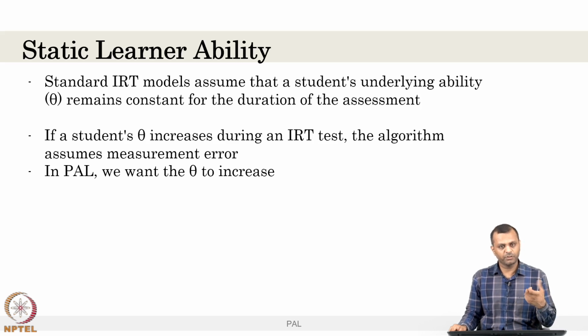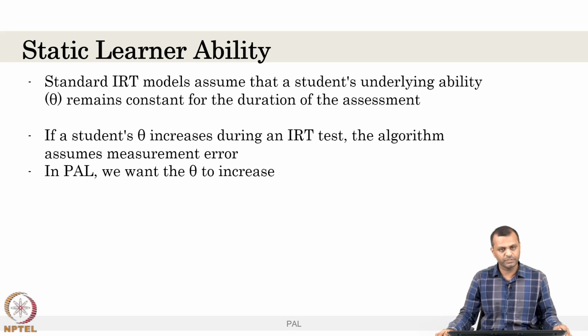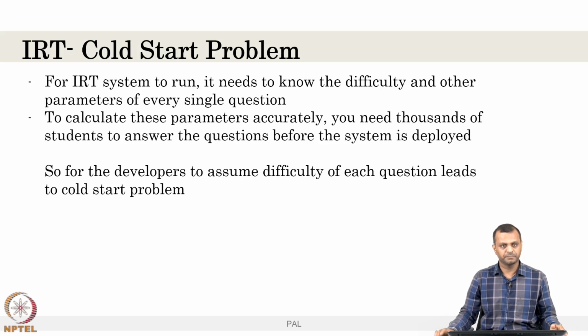It's not actually possible to increase it that fast. For the system, theta has to be constant and moving at a certain pace. In personalized adaptive learning, we want the theta to increase. We want the student's ability to keep changing, and it's not within a fixed range. It has to go further. It has to keep moving. That is the idea of personalized adaptive learning. So that's one difference we see with the static learning ability in IRT.